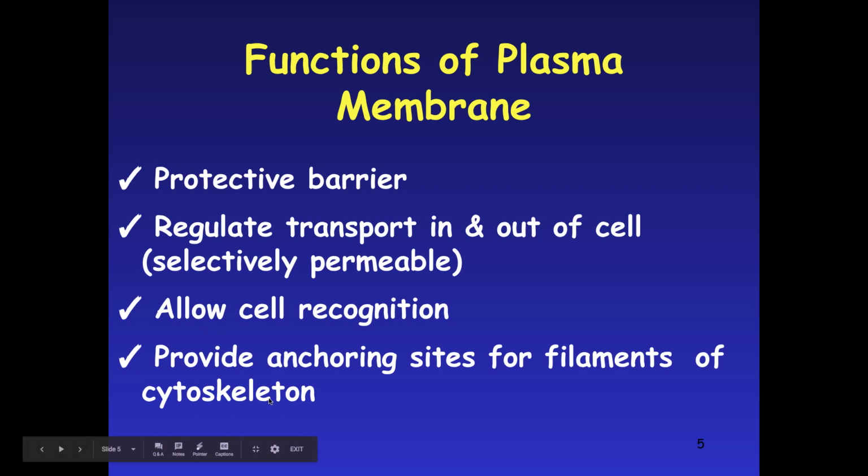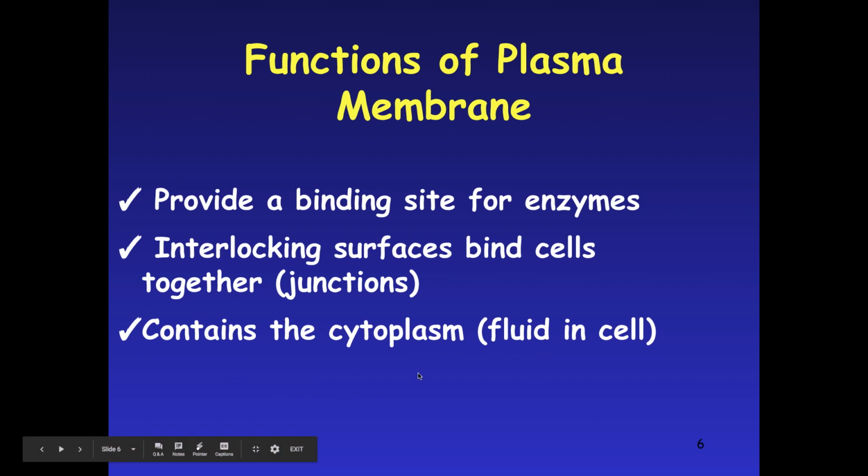Just like your body has structure from your skeleton, your individual cells have a cytoskeleton, made up of long filaments, and the membrane provides anchoring sites for the cytoskeleton. Enzymes: at this point, we should really know what an enzyme is.